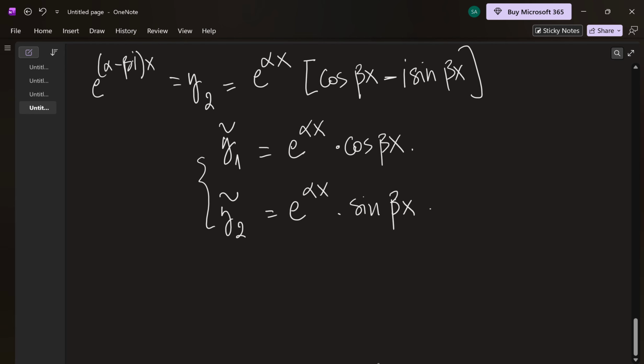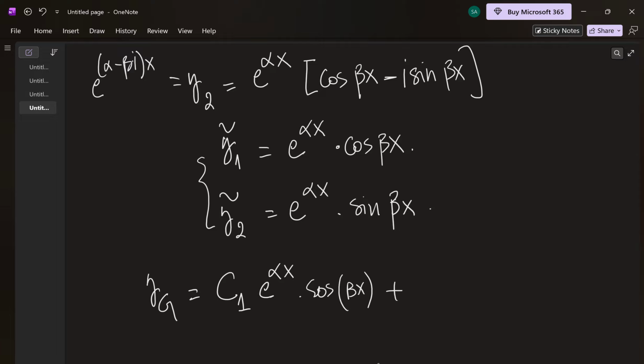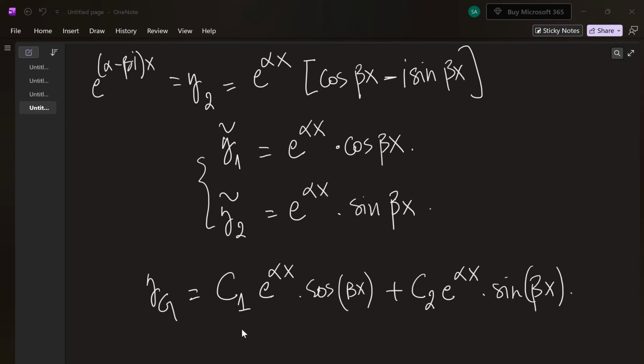And therefore the general solution is c1 times exponential alpha x times cos beta x, plus c2 times exponential alpha x times sine beta x. So this is the method of solving a differential equation of order 2 with constant coefficients.